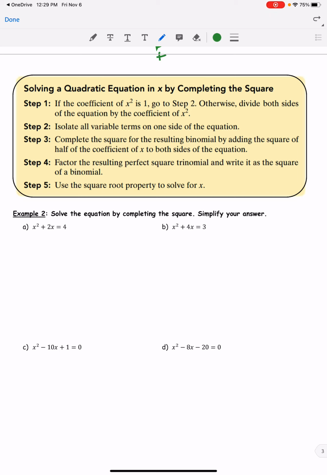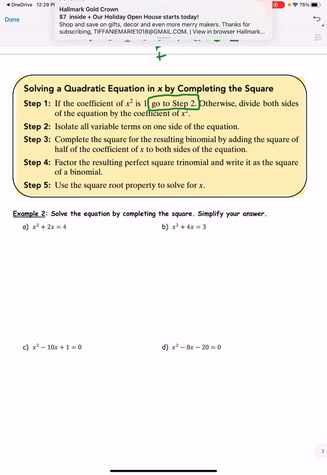Part 2, your homework 10, is going to go into when this does not equal 1. So for us today, we are going to always go to step 2. Again, we're going to deal with step 1 next homework, but we're going to do it differently than what they say to do here.